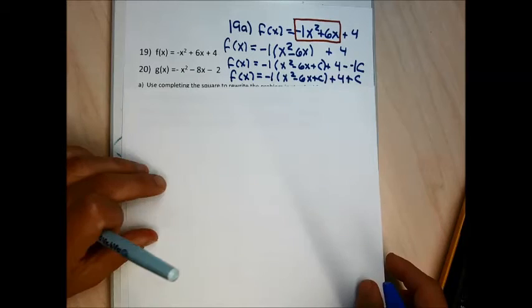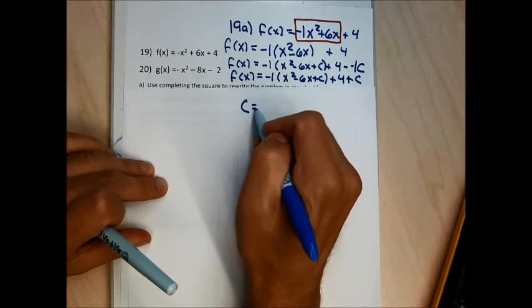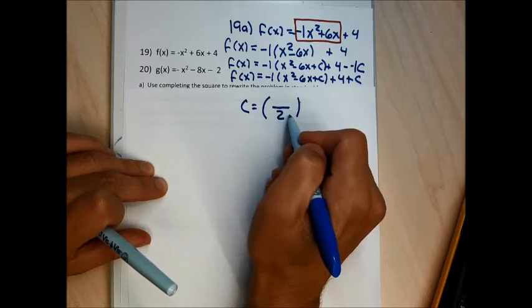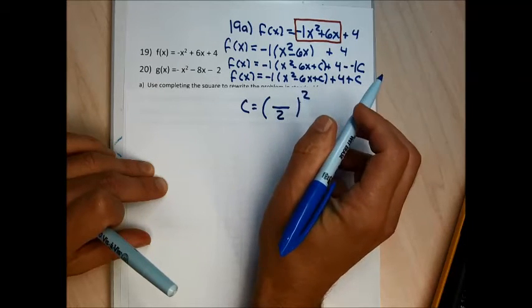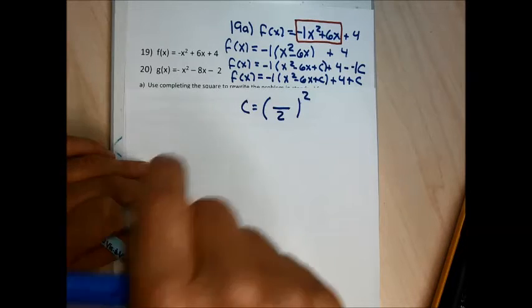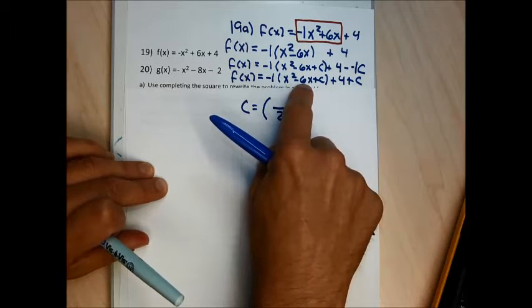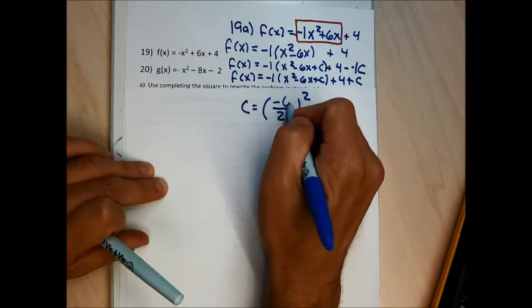Now I'm going to figure out what c is. C is always easy to come up with. C in a template has a fraction inside parentheses with a 2 in the denominator, with an exponent of 2. The number that goes into the template is the number from the x to the first power term. It goes in the numerator. It's going to be negative 6.